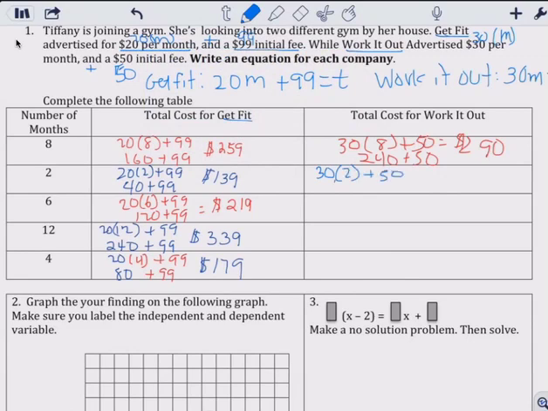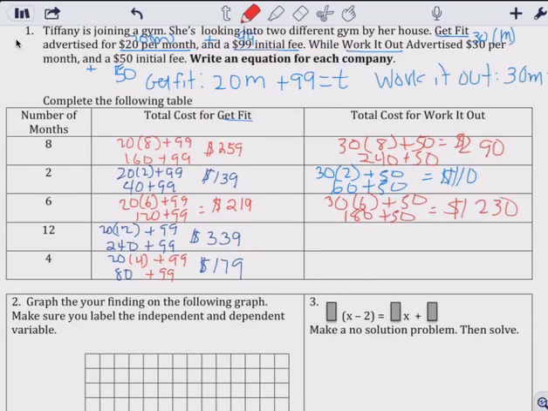That's 60 plus 50 is 110. Oh, Work It Out is cheaper at 2. Then 30 times 6 plus 50. 180 plus 50 is $230. So it's more expensive at 6.